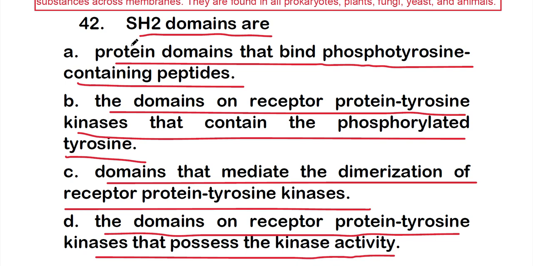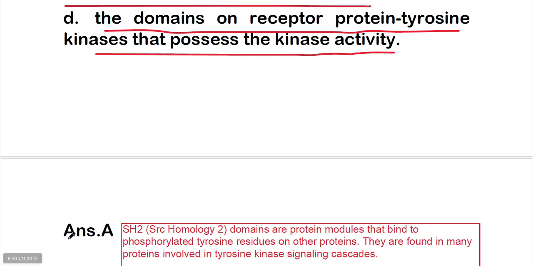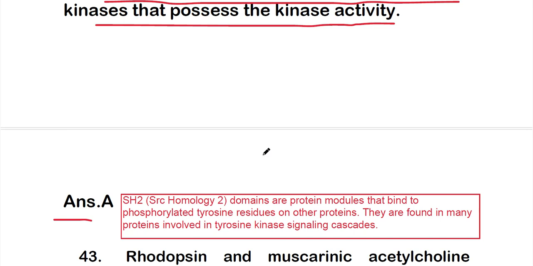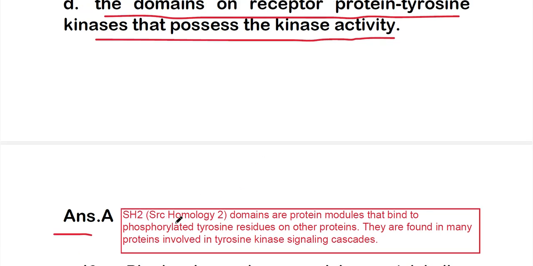Which one is true about the SH2 domain? The right answer is option A. SH2, or SRC homology 2 domains, are protein domains that bind phosphorylated tyrosine residues on other proteins, and they are found in many proteins involved in tyrosine kinase signaling cascades.